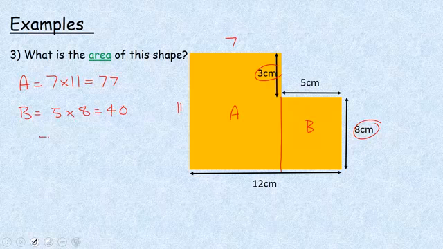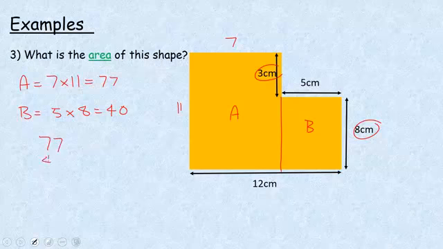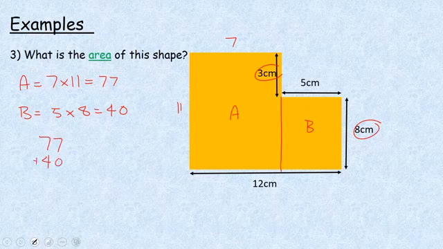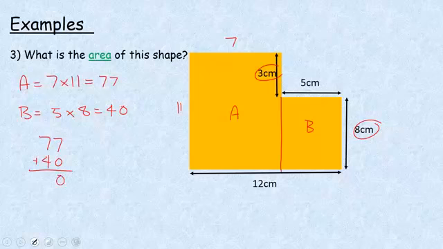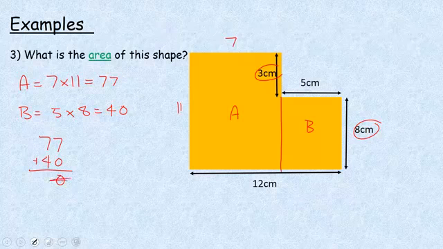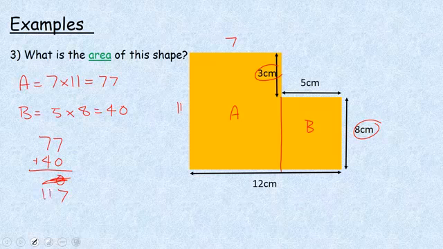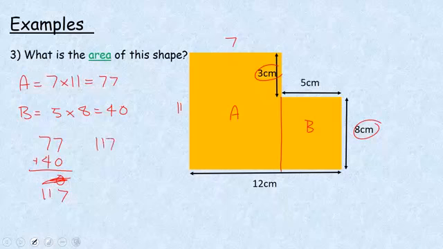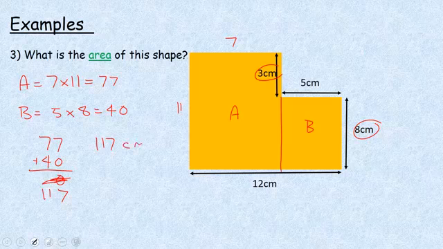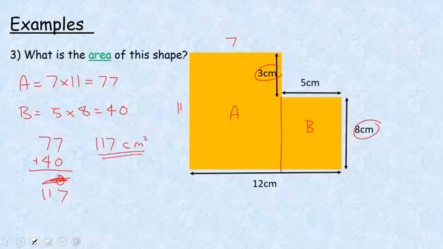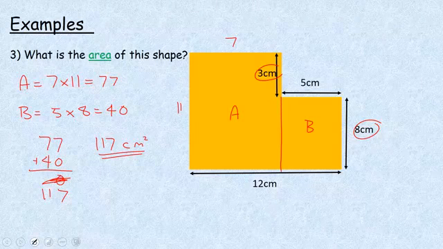And 77 plus 40 is 117. Again, we've got lengths in centimeters, so our area is centimeters squared.